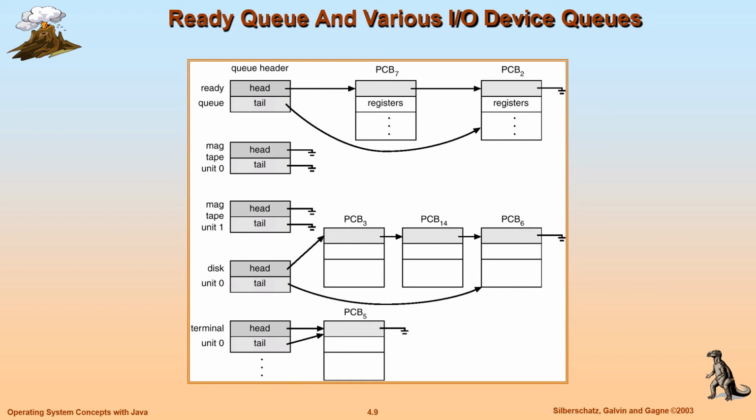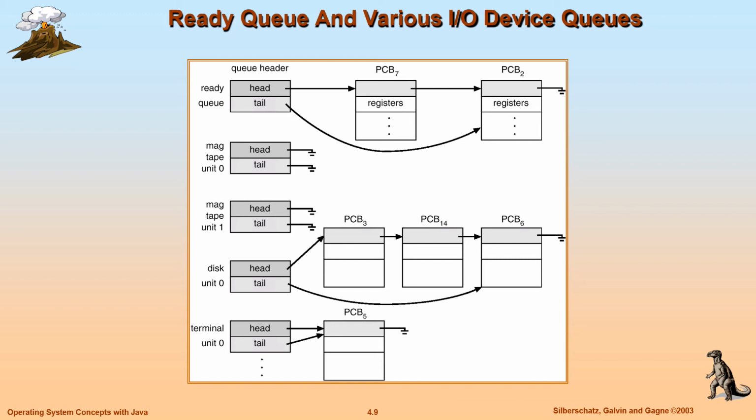This diagram shows the ready queue and the various IO device queues. The ready queue maintains a linked list, and the header indicates pointers to the first and final PCBs in the list. Each PCB includes a pointer field that points to the next PCB in the ready queue.